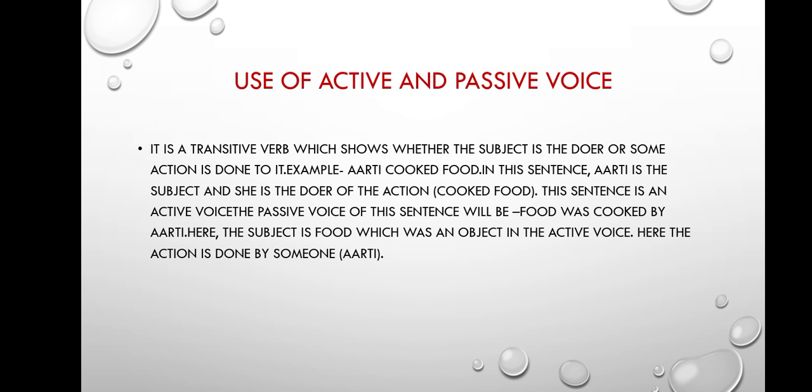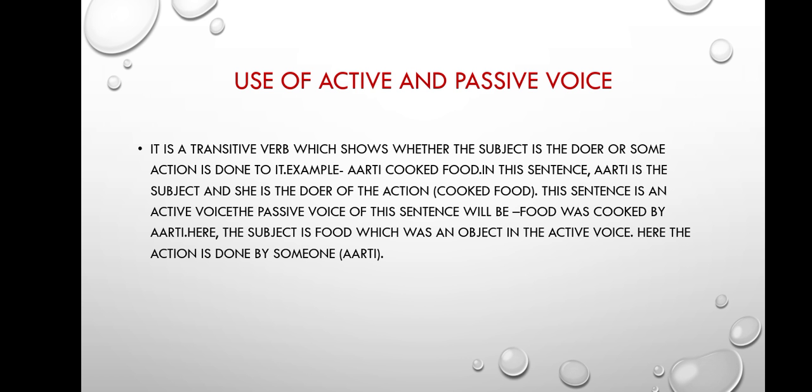What is the use of active and passive voice? It is a transitive verb which shows whether the subject is a doer or some action is done to it. In active voice, the subject does the action. For example, Aarti cooked food.